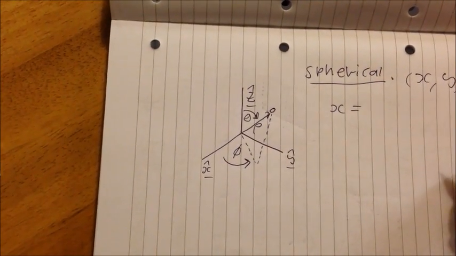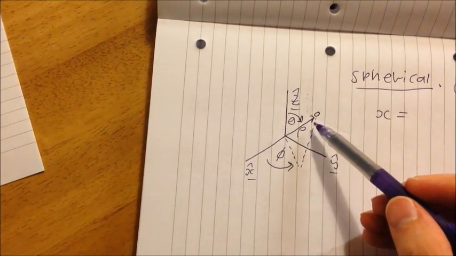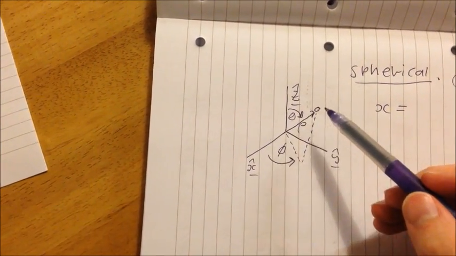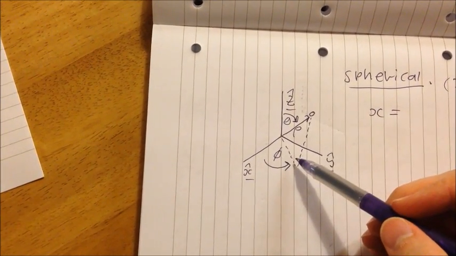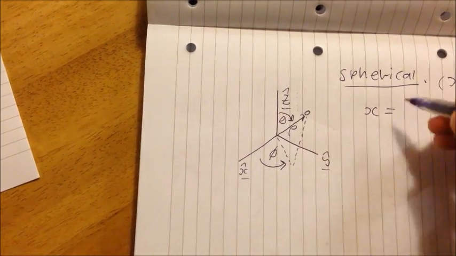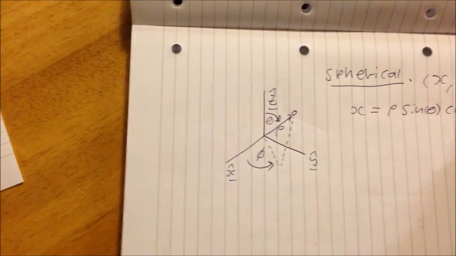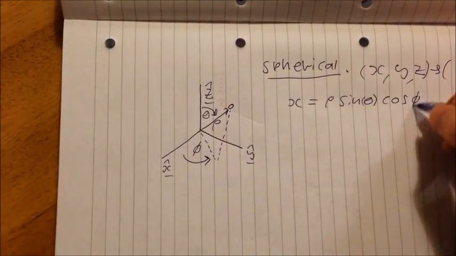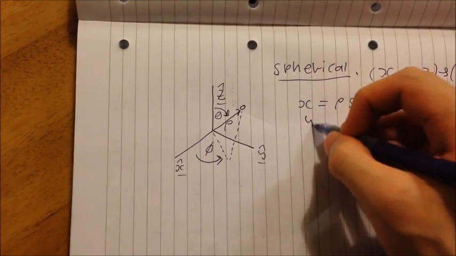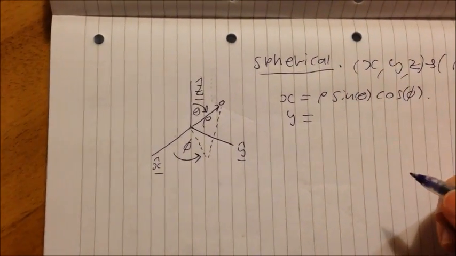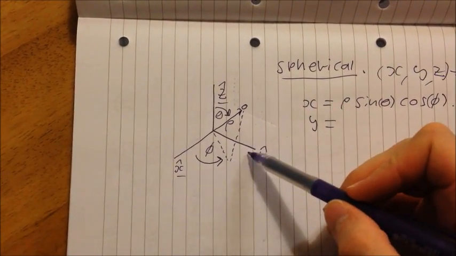Okay, now let's work out the equations to go from spherical to Cartesian values. X, first, by looking at the diagram, I can see I'd have to say rho sine theta, and then cos phi. Yep, and then y would be rho sine theta and then sine phi.